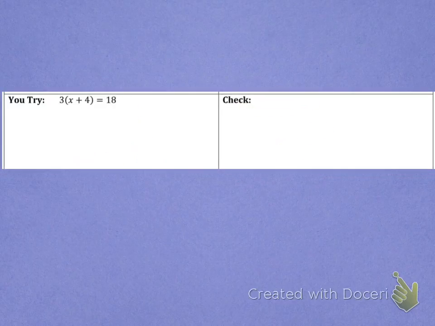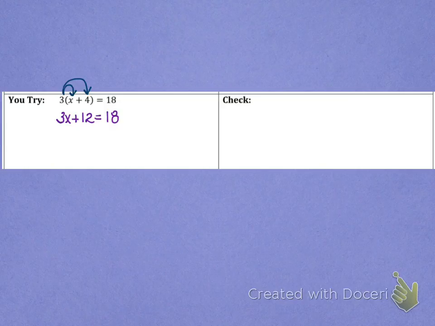Now you have 2 more that I want you to try. The first one is 3 parentheses x plus 4 equals 18. So the first thing I want you to do is show me what you get once you distribute the 3 to each of those things. So you should have got an answer of 3x plus 12 from distributing the 3.